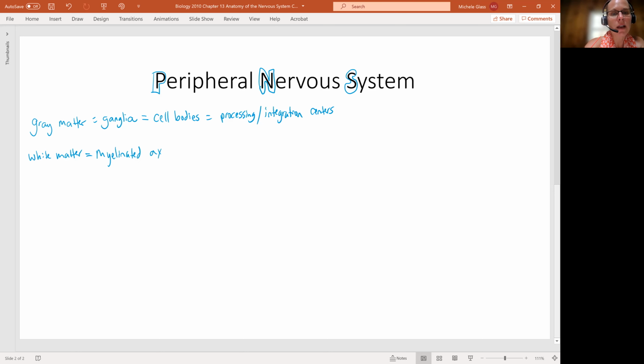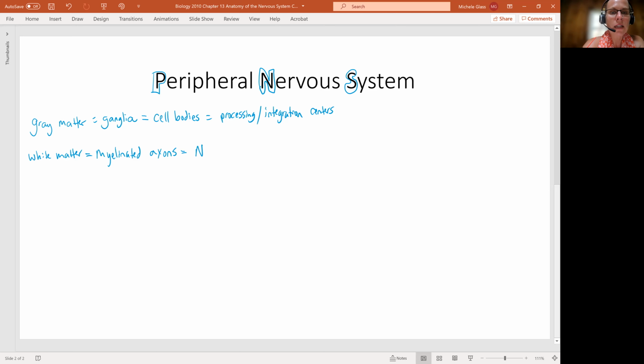All the axons of the peripheral nervous system are myelinated because we're going, y'all, from the brain stem out to the body, from the spinal cord out to the body. We have to go potentially from the spinal cord all the way out to the big toe. So we need those transmissions to go as fast as possible. And myelinating our axons, remember, really speeds up that propagation.